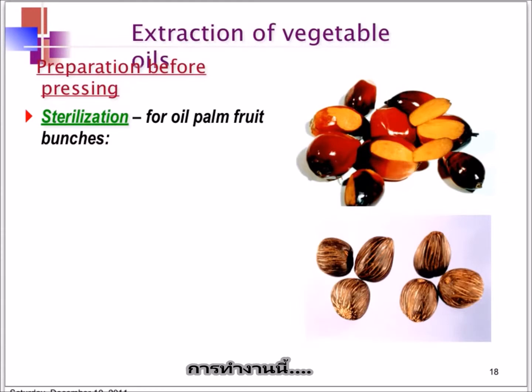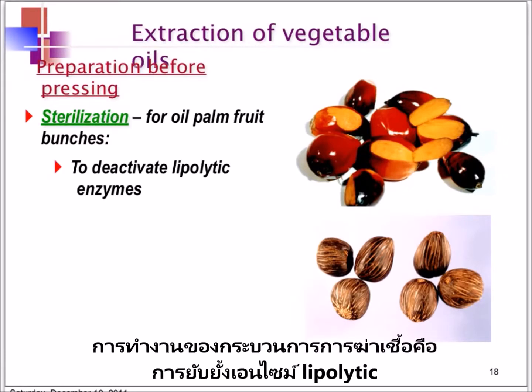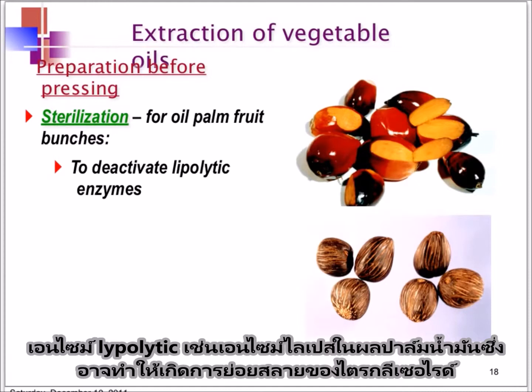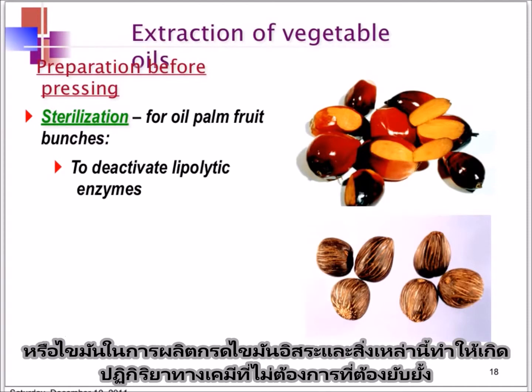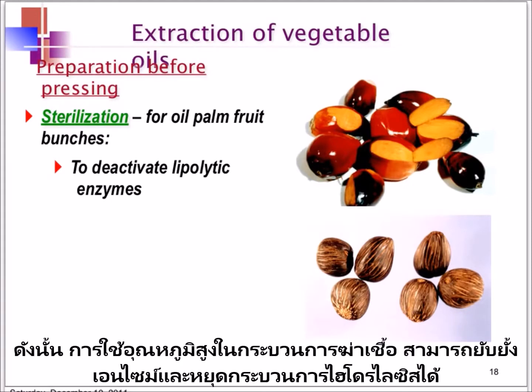The function of the sterilization process is to deactivate the lipolytic enzymes. Lipolytic enzymes such as lipase in the oil palm fruits can cause hydrolysis of the triglycerides, or the fat, to produce free fatty acid, and this is an undesirable chemical reaction that needs to be stopped. So by using high temperature in the sterilization process, we can deactivate the enzyme and stop the hydrolysis.